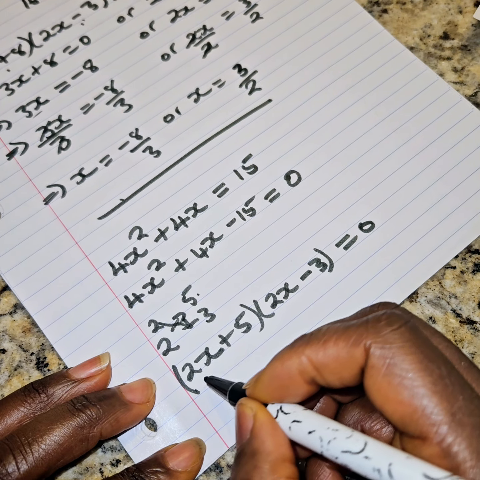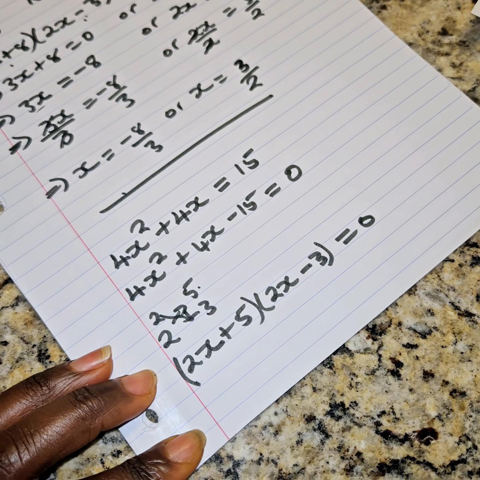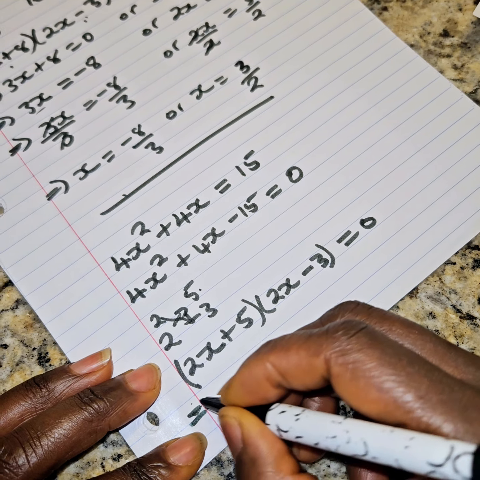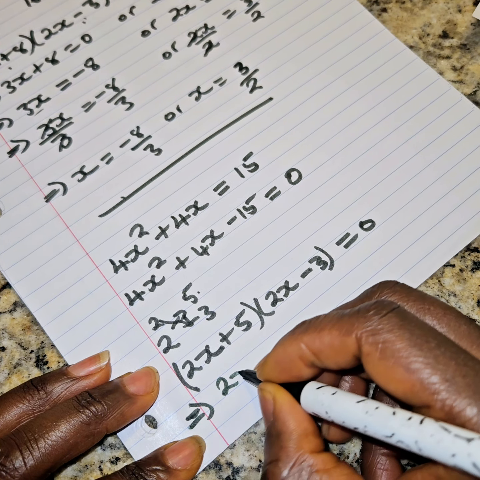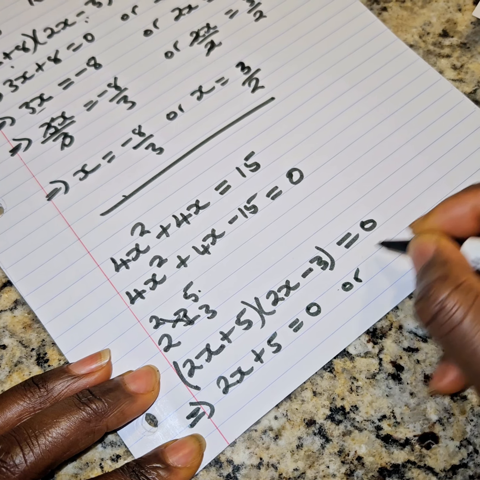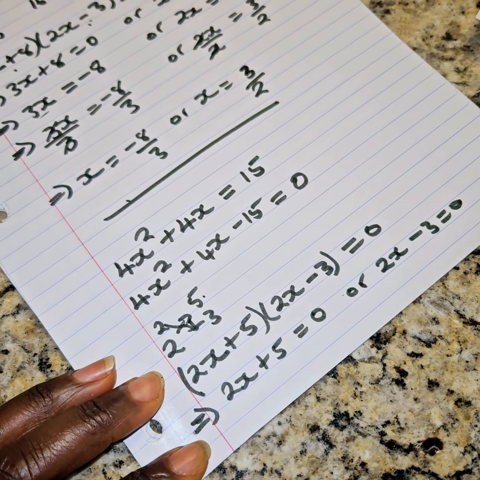And again, if two things multiply to equal 0, it means either one of them is equal to 0. So either 2x plus 5 equals 0 or 2x minus 3 equals 0.